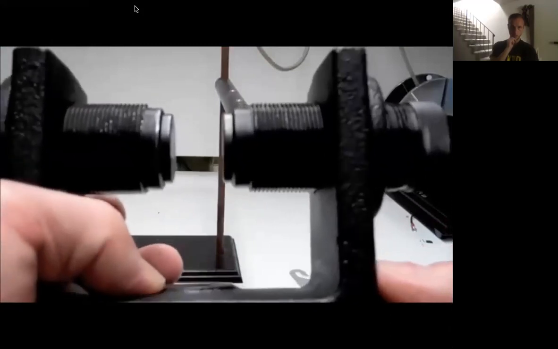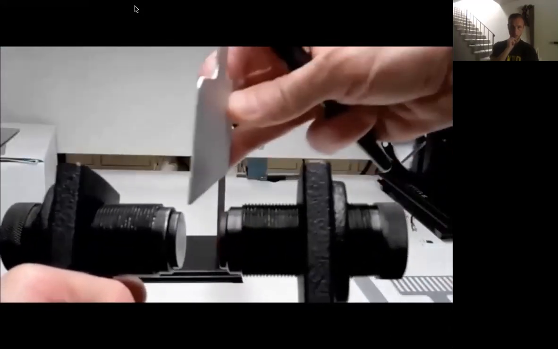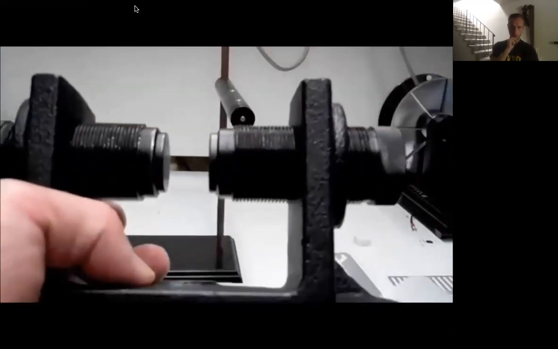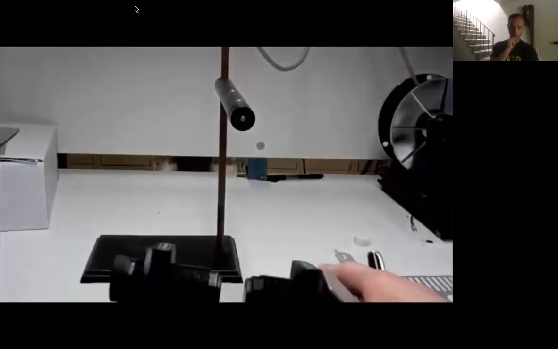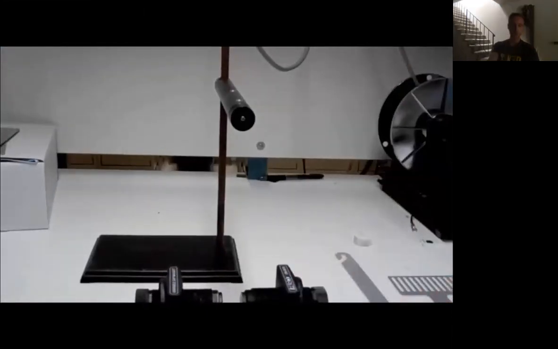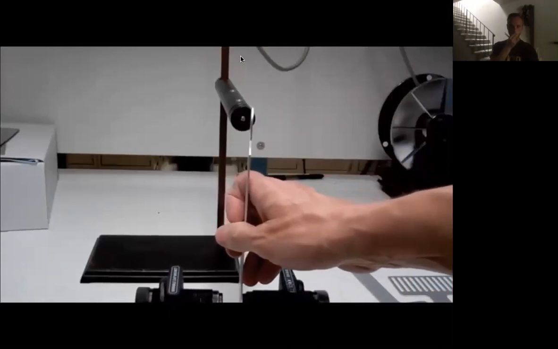If I put a piece of steel in here, it would stick and I probably wouldn't be strong enough to pull it apart. But what I have here is a piece of aluminum. Aluminum is paramagnetic, so it is only weakly magnetized, so it's not really attracted to the magnets.